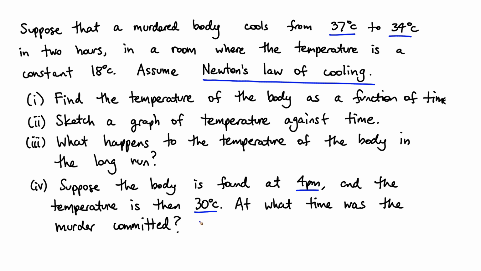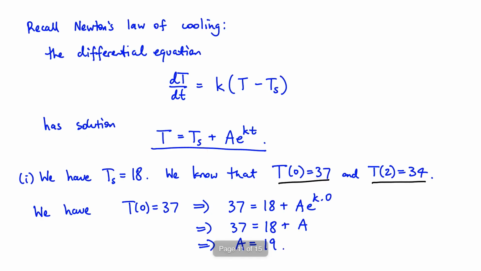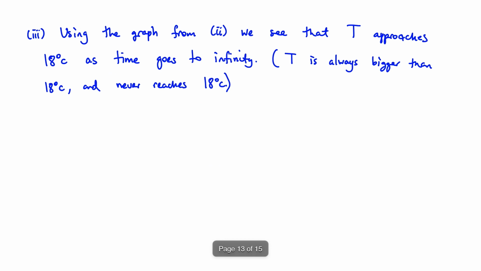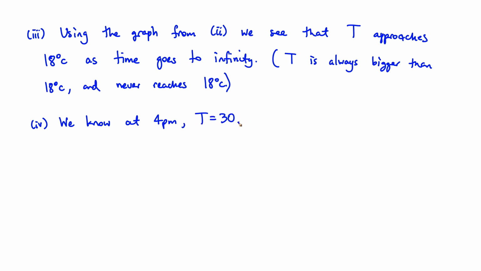Okay, so let's go to part 4. We know at 4 p.m., T equals 30. So we want to find what little t is when capital T is 30.